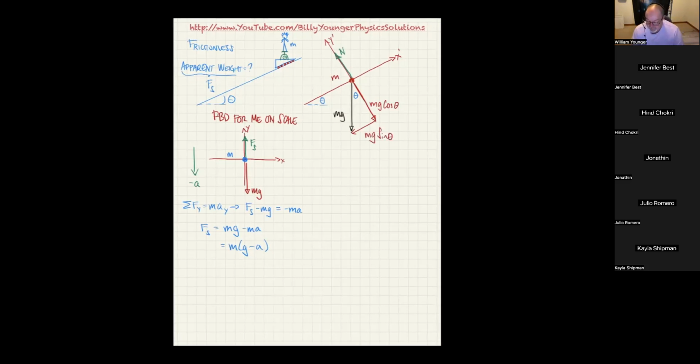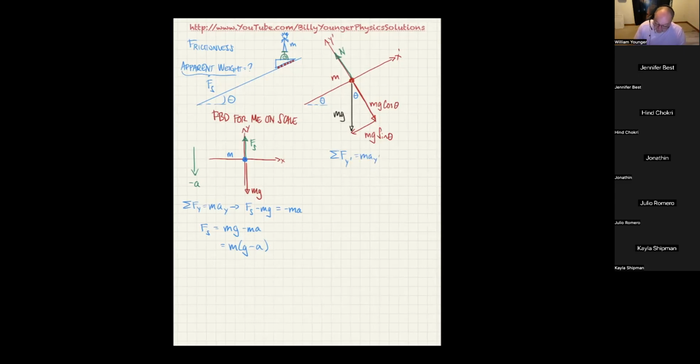And this force right here is mg sine theta. Okay. Now, the summation of the forces in the y prime direction just allows us to determine the normal force. So the summation of the forces in the y prime direction equals mass times acceleration in the y prime direction.